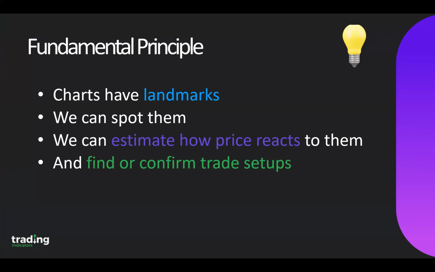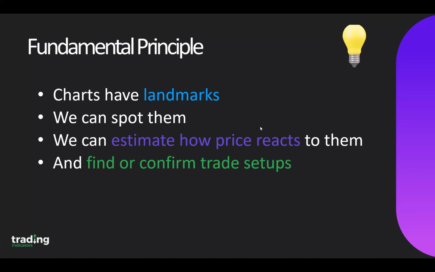Every single chart has what we call landmarks. These are special levels of price, or special zones of price, to which price will react in a certain interesting way. And if we can find these landmarks, we can identify and confirm interesting trade setups in the process. I know this sounds very high level, so let's become very concrete.